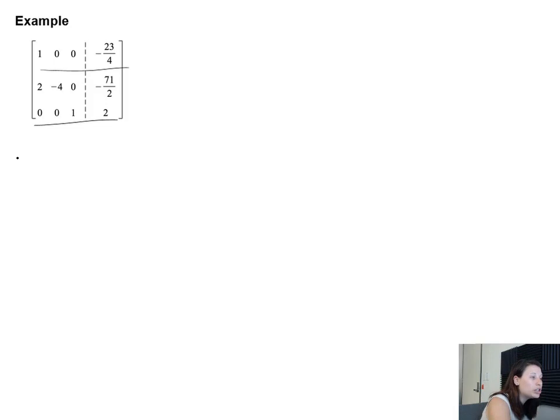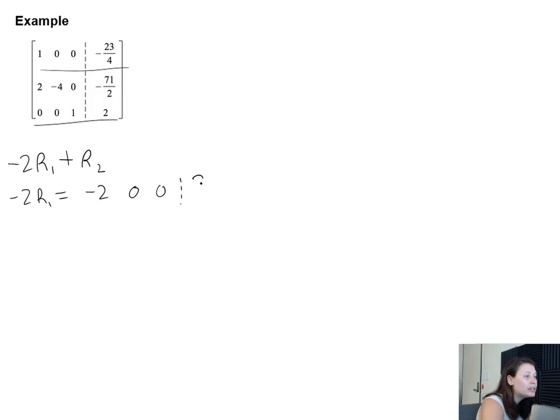So we want to do -2 of row 1 and add it to row 2. So let's figure out what -2 of row 1 is. That would be -2, 0, 0 of positive 23 halves. And now we want to add it on. So that's a 2, a -4 is 0 for row 2, and a -71 over 2.